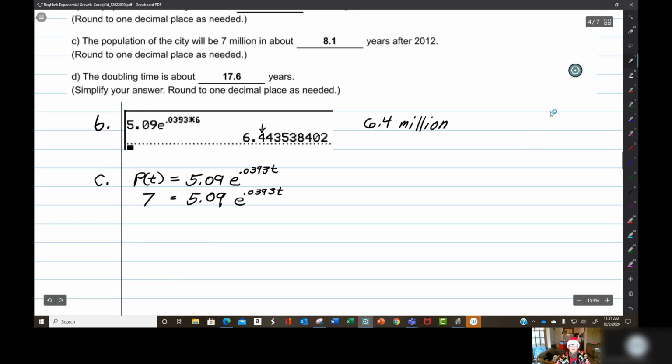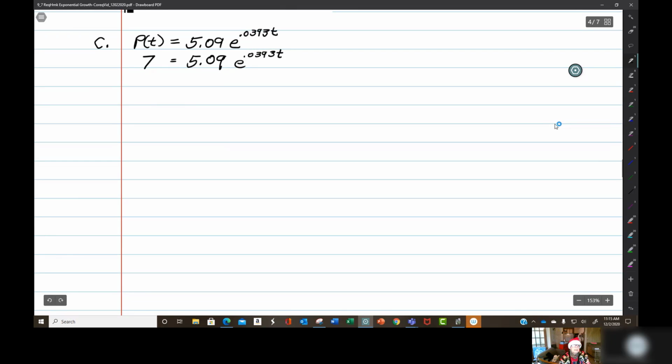Now here's where we do that 3 or 4 step problem again. Step 1: divide both sides of this equation by the P0 number, the number in front of e. Over here it cancels out. And do not put that in the calculator yet. That's a very important deal.